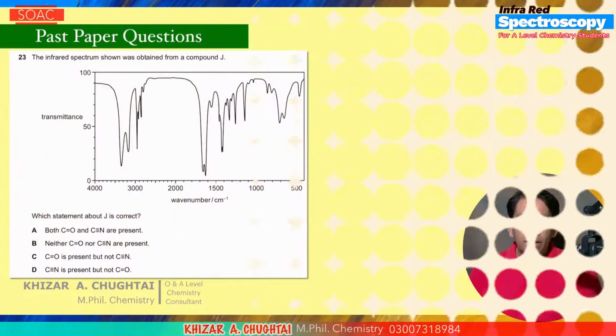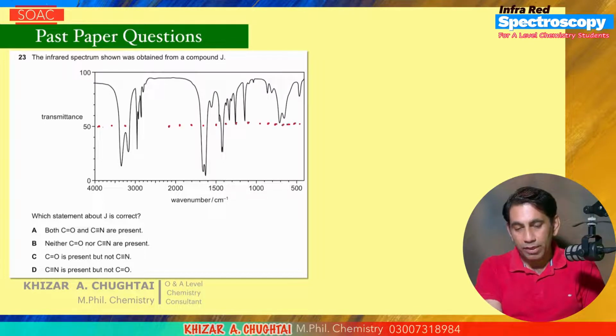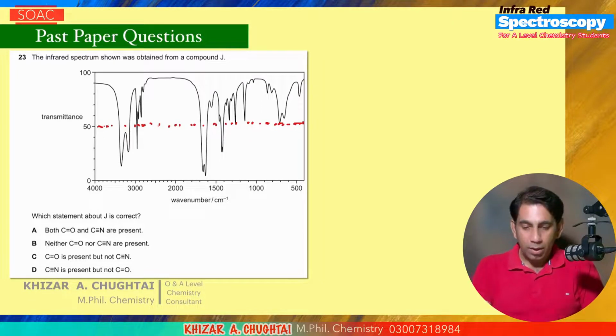Next one. The IR spectrum was obtained from the compound J. Again, roughly speaking, I'm going to divide it into 2 portions. One is the peak over here, the other one is over here. These are 2 basic major peaks.